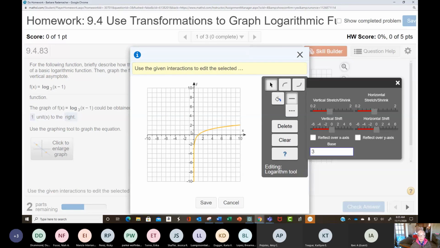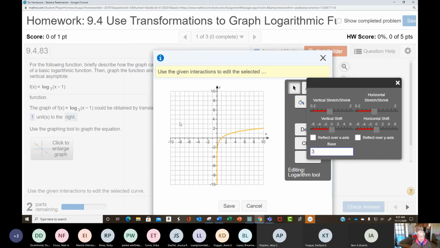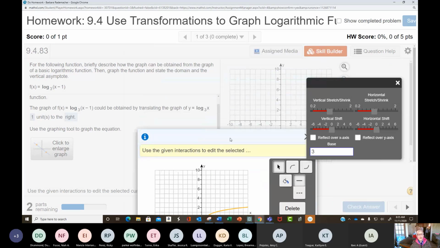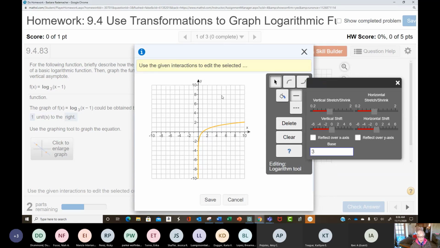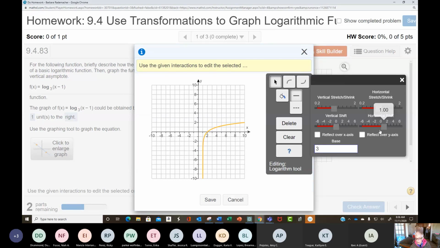They kept the base. The base is 3. This is the general graph of y equals log base 3 of x, the basic function. That's the basic function. And now we're going to move this horizontally 1 unit to the right. Horizontal shift, positive 1.